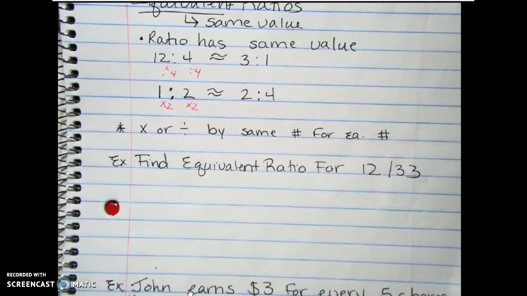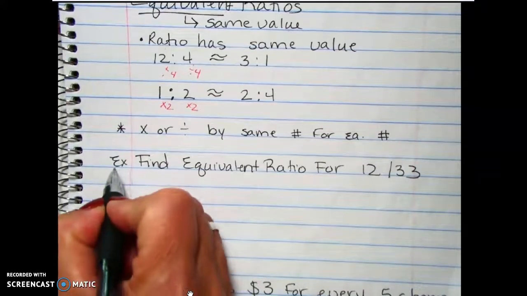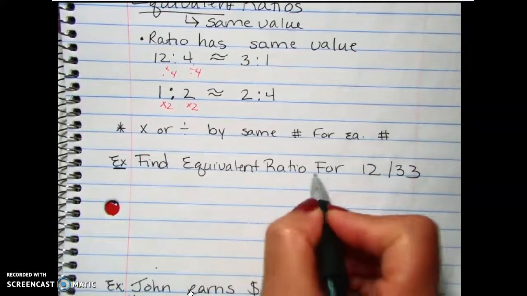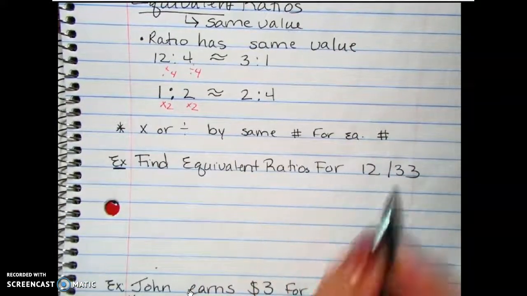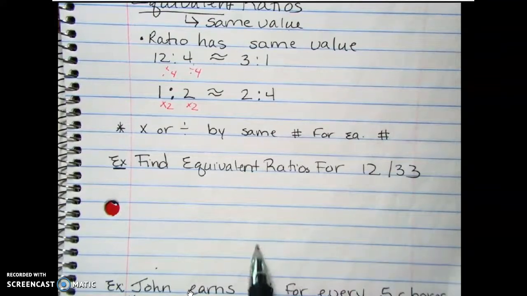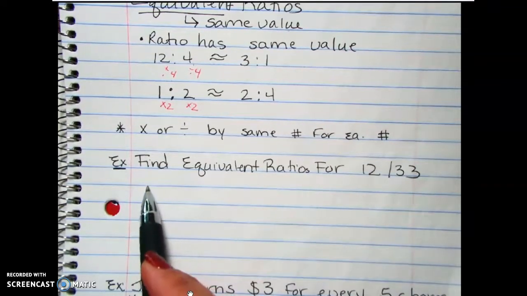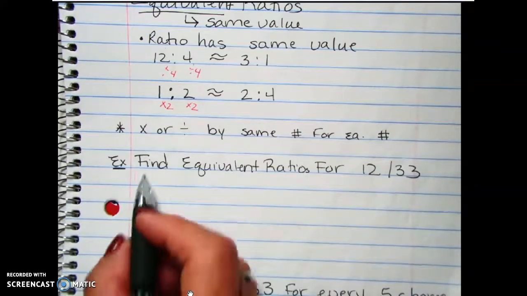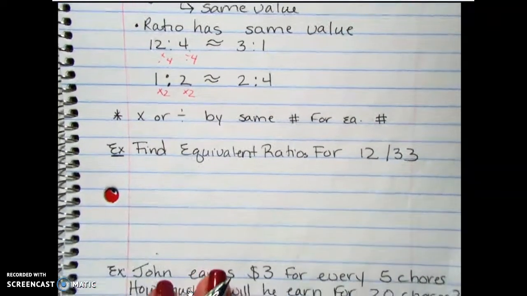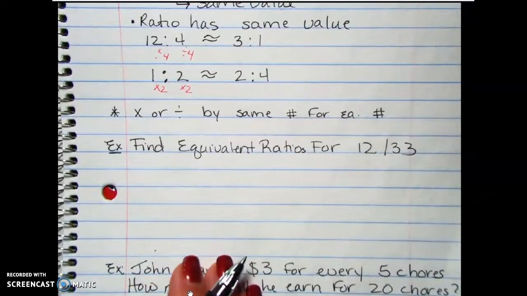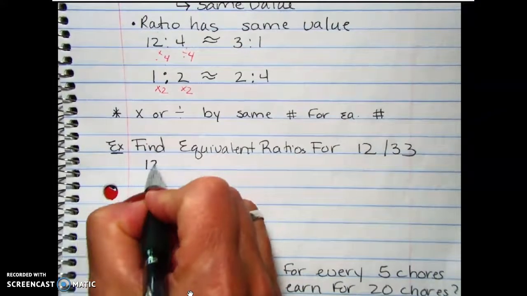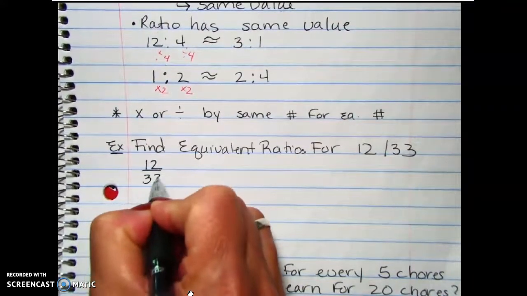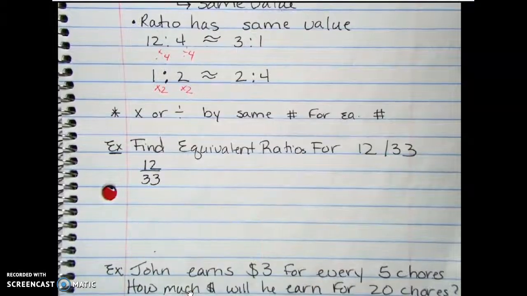Now, here is an example that we're going to work on for finding equivalent ratios for 12 to 33. So, the nice thing about this is that fractions are ratios. And since we've already done equivalent fractions, if we write our ratio as a fraction, we can determine an equivalent ratio.